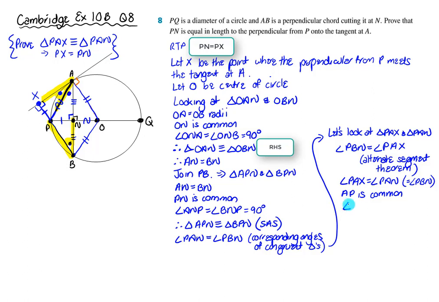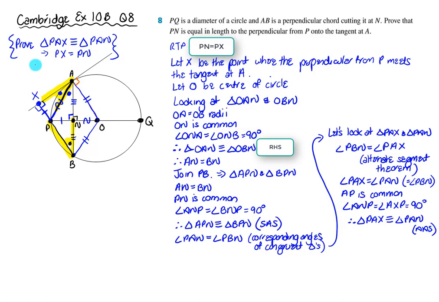We know that angle ANP equals angle AXP, which is 90 degrees. So we've got two angles and a side. Therefore, triangle PAX is congruent to triangle PAN, and that is due to AAS. Two angles and a side.